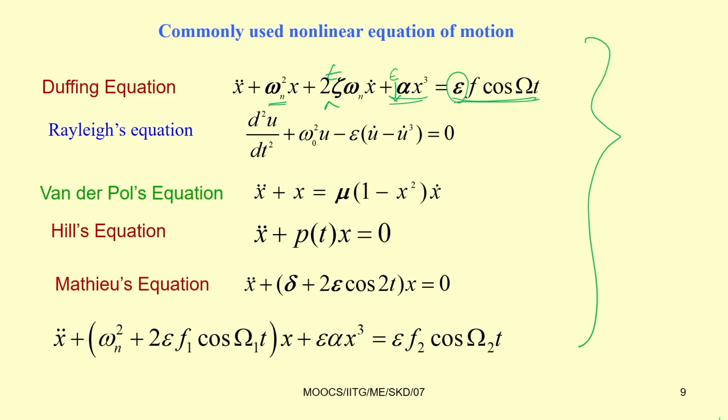If the damping is very small, then instead of epsilon it can be written as 2 epsilon square zeta omega n x dot. Similarly, for the cubic nonlinear term we can write epsilon square order. Instead of only the cubic nonlinearity, we can add a term like plus epsilon beta x square, so quadratic nonlinearity can also be added to the system.